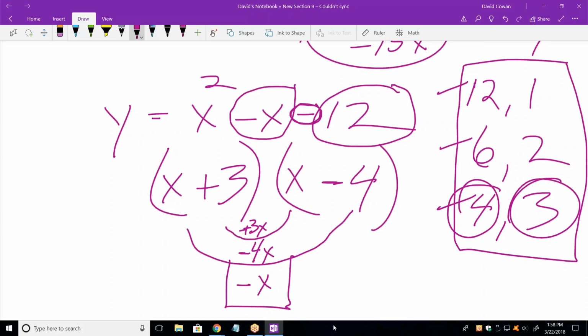In other words, I don't have to fully FOIL that back. It's just a lot of extra work. When you're trying to check whether your factoring is correct or not, you really only need to check the middle term. It's going to be very unusual if you've got these end terms wrong, because the whole way we do factoring is based on those end terms.